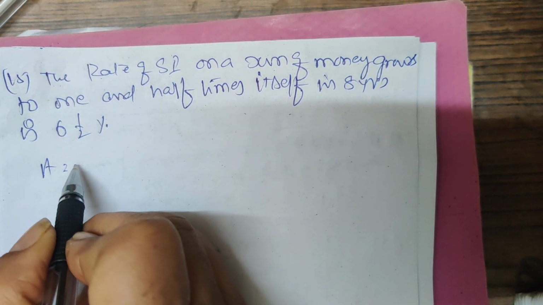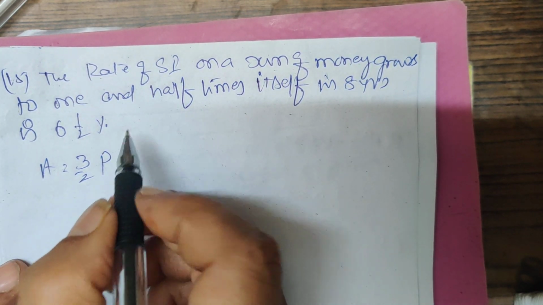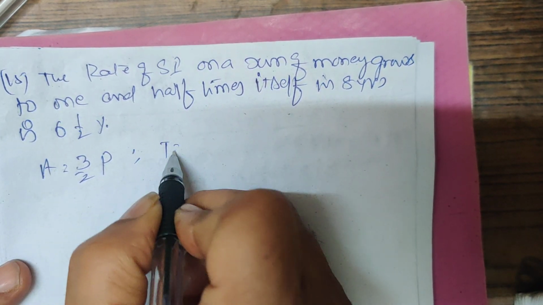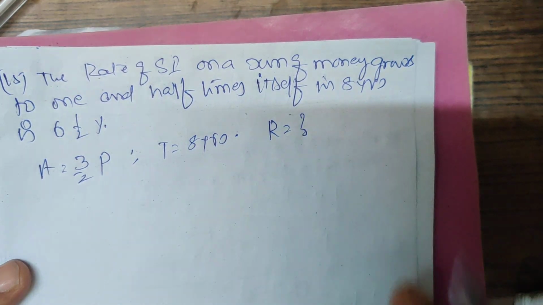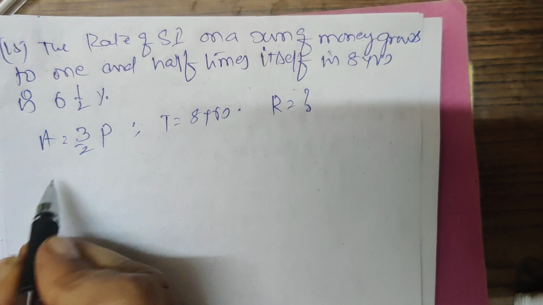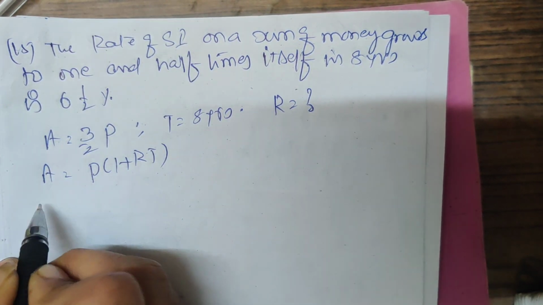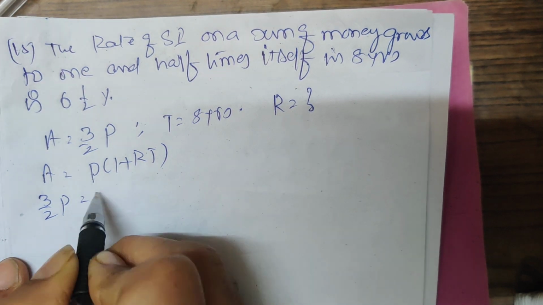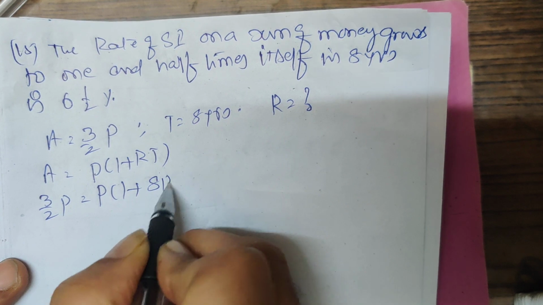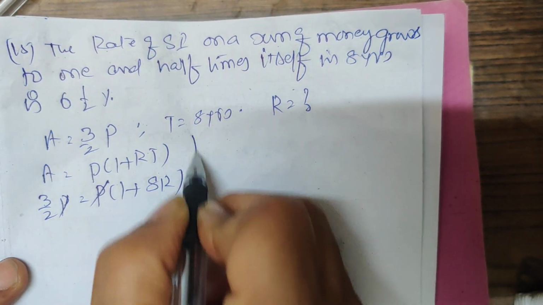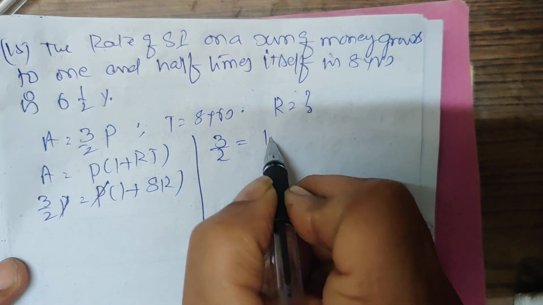Amount is equal to 1.5, means 3/2 of principal. Time is equal to 80 years. Rate is equal to, let us calculate. Amount is equal to principal into 1 plus RT. 3/2 of principal is equal to P into 1 plus 8R. 3/2 is equal to 1 plus 8R.